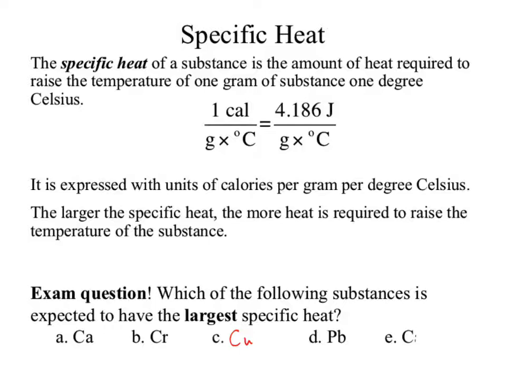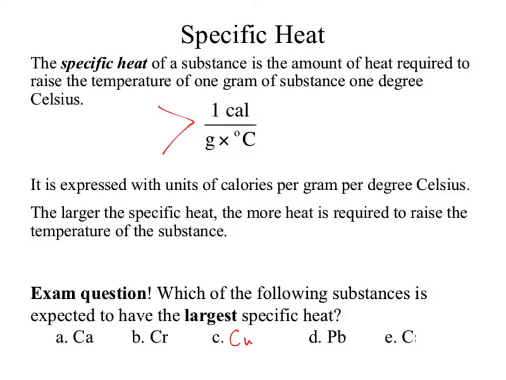That's now going to go back to what this largest specific heat means. If I have a large specific heat, how much energy do I have to put in? What would be a larger specific heat than 1 calorie per gram degree Celsius? 2, touche.